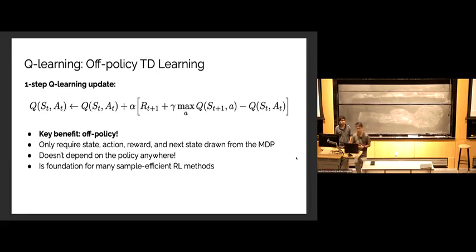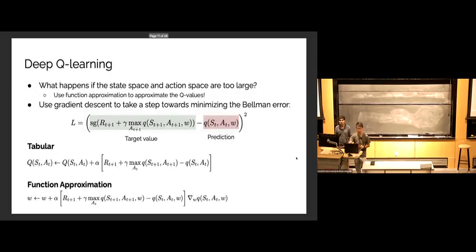As I said before, it doesn't depend on the policy anywhere, and it brings huge sample efficiency. It is the foundation for almost all sample-efficient RL methods. The issue for reinforcement learning is that when the state space and action space grow too large, we cannot use tabular Q-learning, because creating such a table is almost impossible.